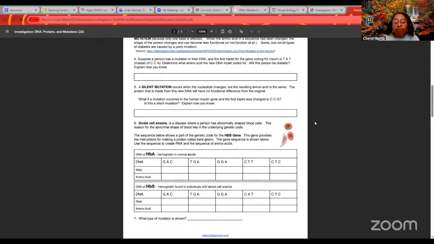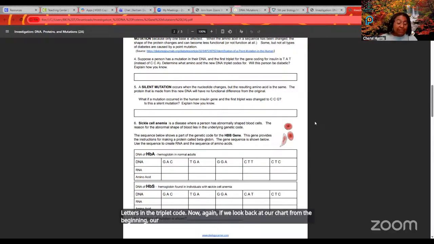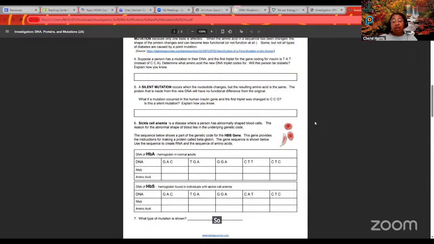All right. So that was if you changed all 3 letters in the triplet code. Now, again, if we look back at our chart from the beginning, our triplet code was CCA. So question number 5 is talking about a silent mutation. When one of the nucleotides changes, that means one letter is changing, not the triplet, resulting in the same amino acid.